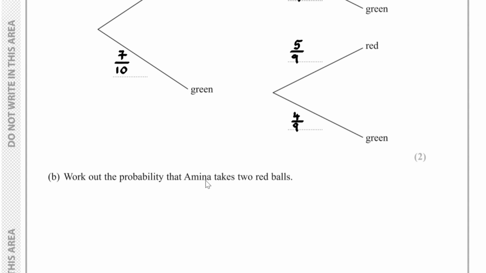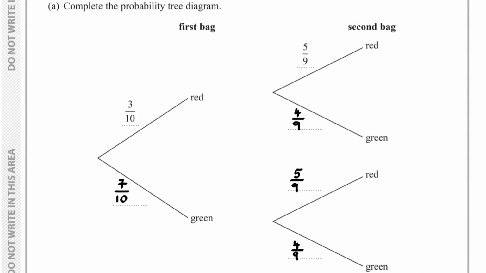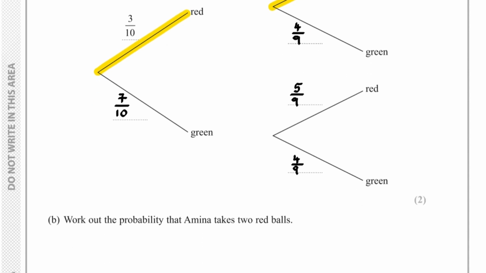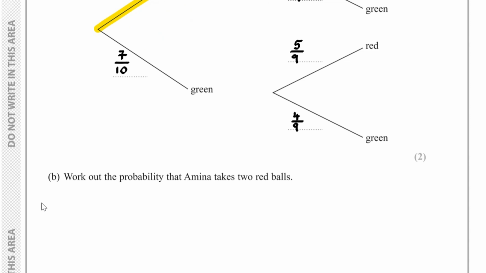Then we have to work out the probability that Amina takes 2 red balls. So we are looking for the probability that she takes a red followed by another red. So the probability of a red and then another red is equal to 3/10 multiplied by 5/9.